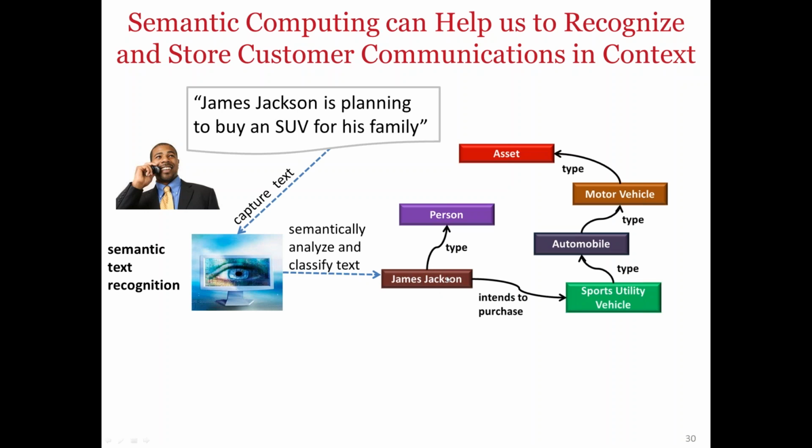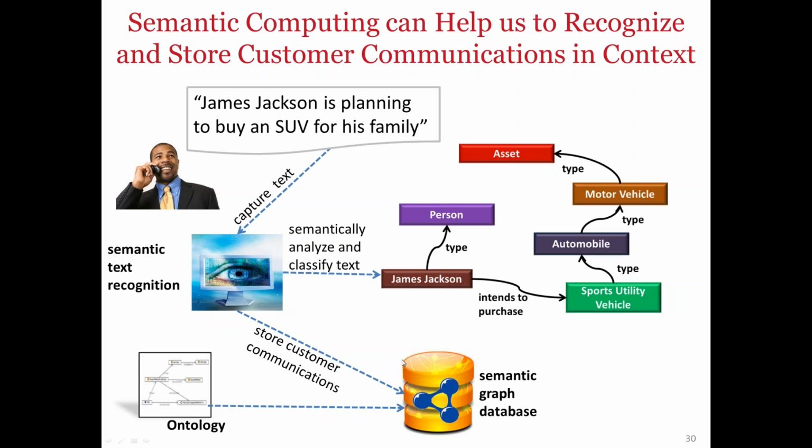Again, subject, predicate, object in the knowledge graph. James Jackson intends to purchase a sports utility vehicle; intends to purchase is a synonym of planning to buy, and a sports utility vehicle is a synonym of SUV. We could break this down into triples, store it into a triple store, and then run analytics against it.